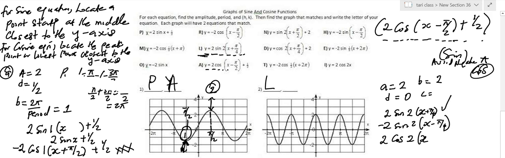I'm looking for the point that's there at the top, closest to the y-axis. So no need to move far because I have the one on y-axis already. So that means there will be no phase shift. So that will leave my answer to be 2 cos 2x. So that means here will be L and Y. So I don't know what you did here.